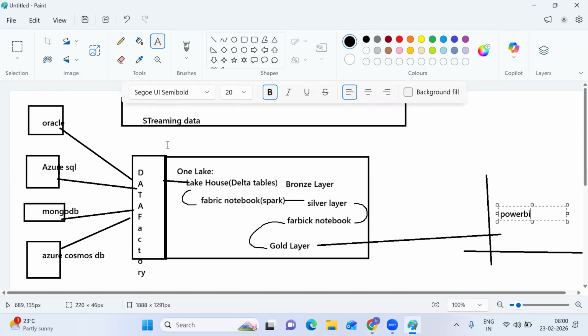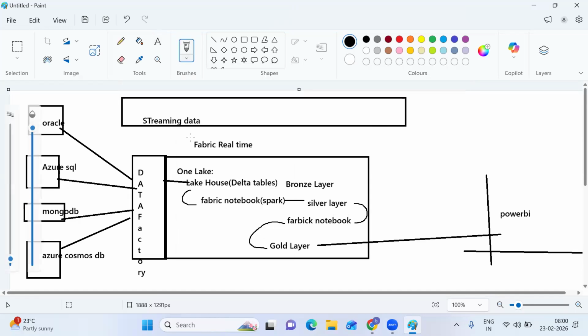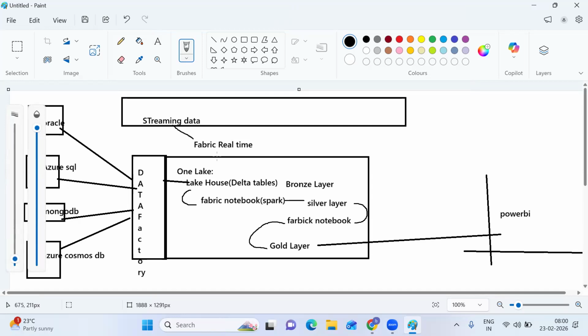And for streaming data, to work with the streaming data, here you have Fabric Real-Time. It connects with the streaming sources and dumps the data into OneLake.